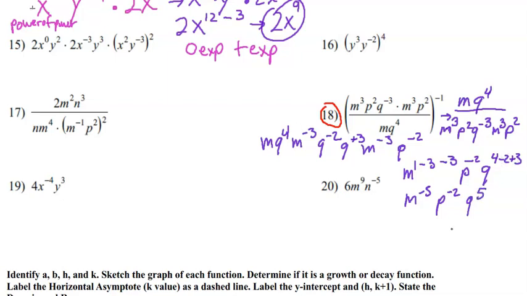Okay, it only wants positive exponents, so now we're going to move those negative exponents back to the denominator.